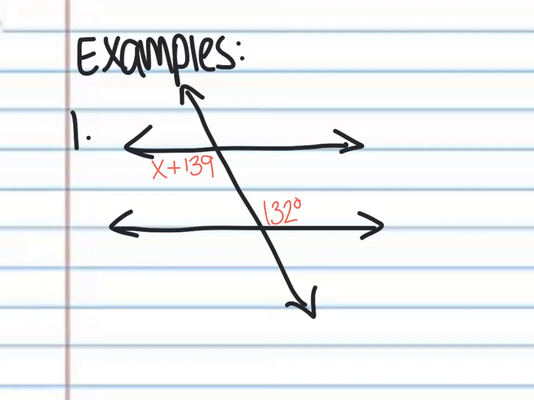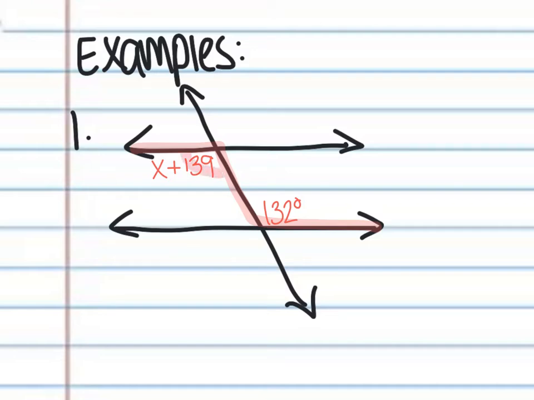So I know off the bat that this is not complementary because I don't see anything that would mean 90 degrees. I don't see any of those little boxes that mean 90 degrees, nothing about right angles. So then I have to decide, are they supplementary, do they add up to 180, or are they congruent? Well, I see that I have this Z pattern here.